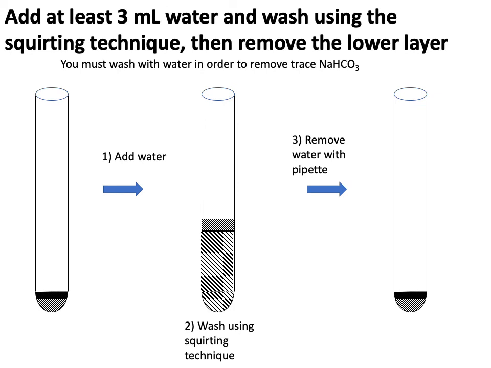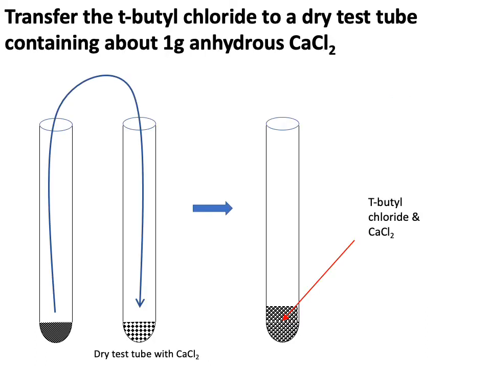Then we add water for washing again, and repeat the washing step. At the end of the experiment, we need to add calcium chloride for the drying process. Calcium chloride is not participating in the reaction; we just need it for drying.